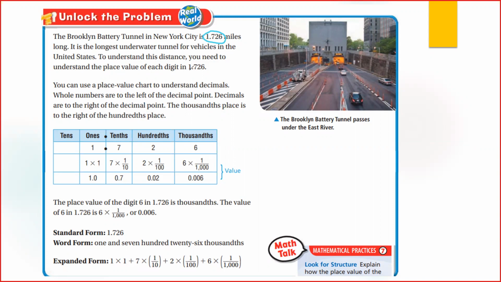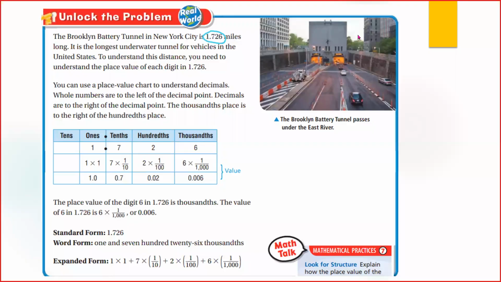How can I understand the place value of the digits? By putting the numbers in the place value chart. So in order to understand 1.726, you need to put it under the place value chart. What do I mean by the place value chart? I have to draw it like this.